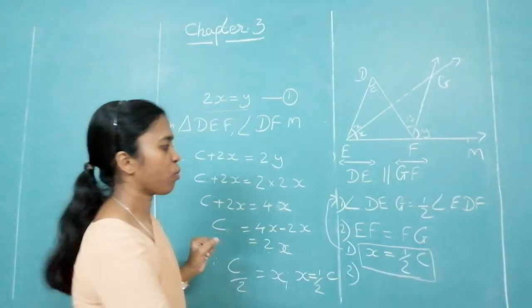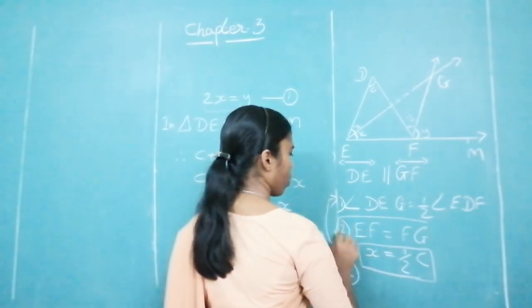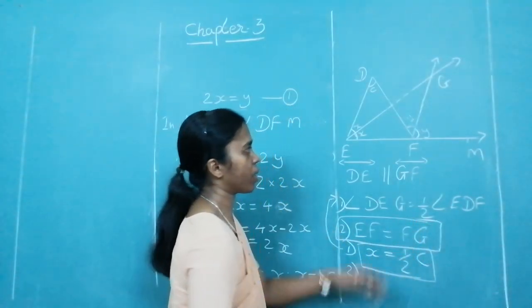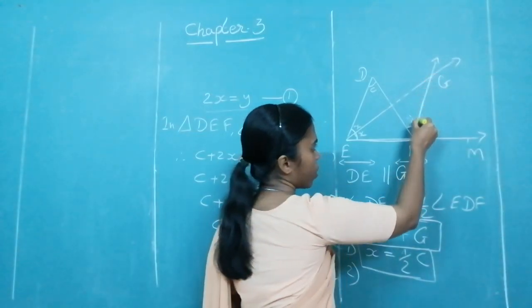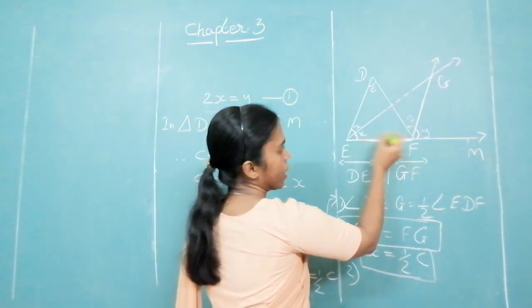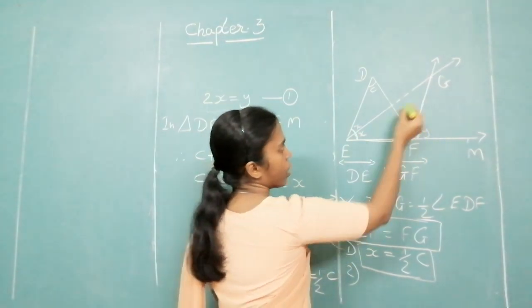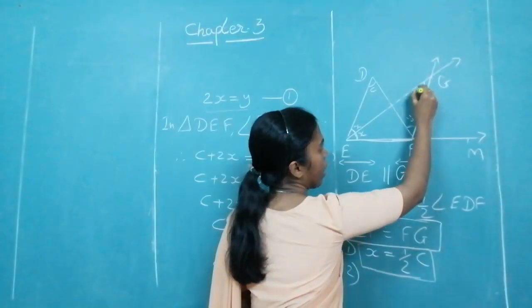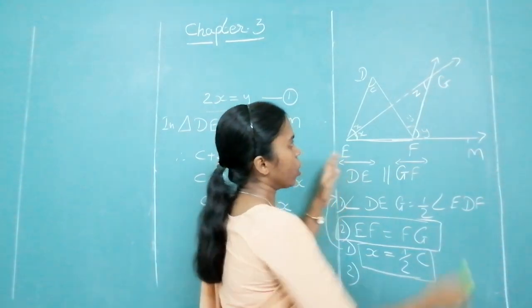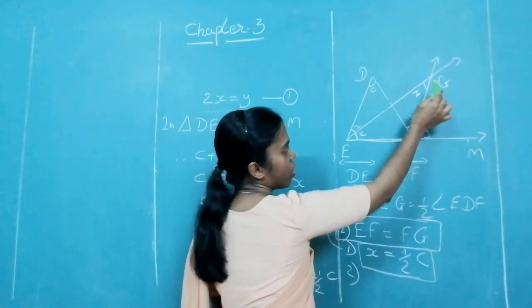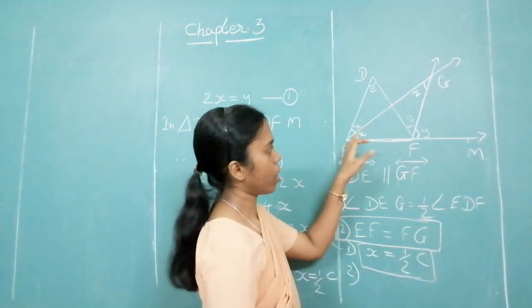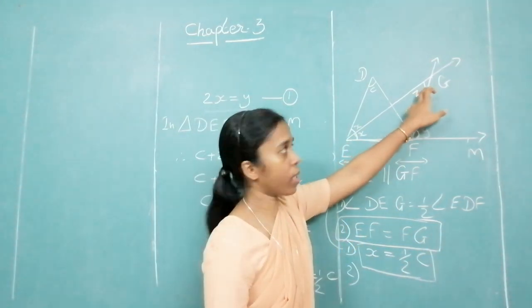Next, what are we supposed to find out? We have to also find out that EF is equal to FG. This is EF, okay, equal to FG. Now to show that this is equal to this, I name this angle as Z. Okay. So look at this triangle. EFG is one triangle.